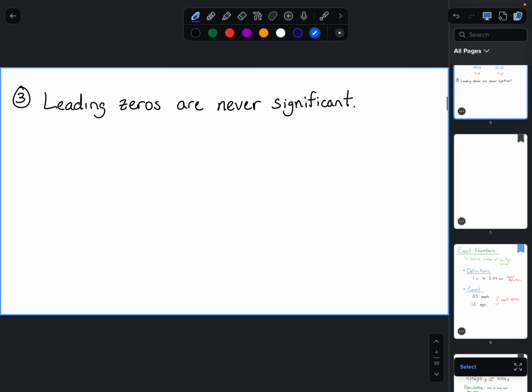Here I'm talking about a really tiny number, something like 0.035. If I'm counting my sig figs here, the leading zeros, the one out front here, are never going to count. So I'm going to ignore those, 1, 2. We ignore those leading zeros, and this has 2 significant figures. Okay? All right, so do these next 2 examples for me.